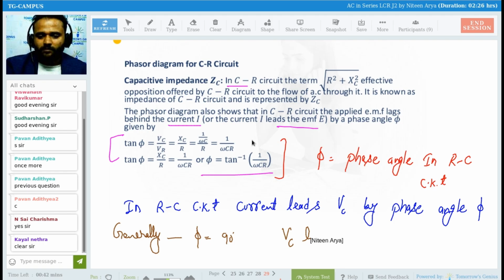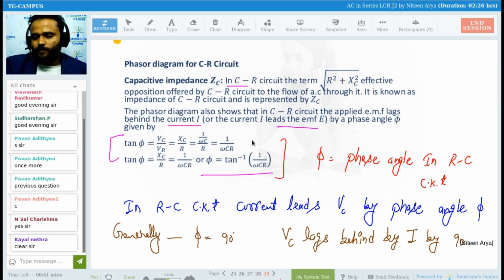VC lags behind IC, or you can say I, by 90 degrees. Okay, so that is the terminology. Clear, everyone?